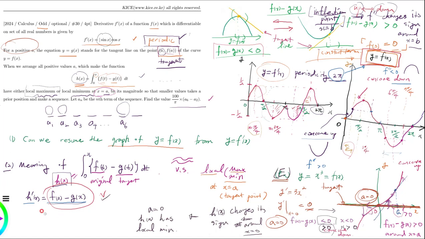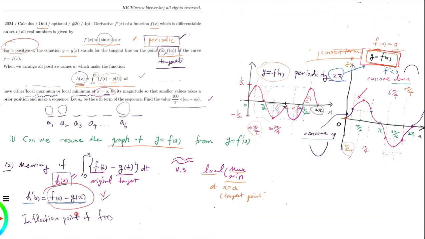So in this problem, everything is related to the inflection points of the original function f of x. So next step, let's figure out the inflection points of f of x. Let me erase. Since f of x is a periodic function, it could have many inflection points.